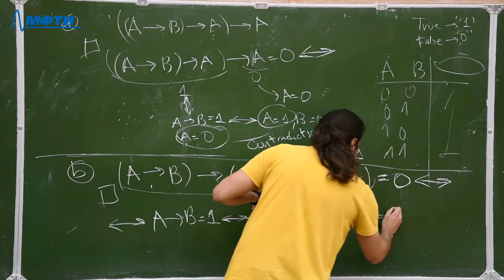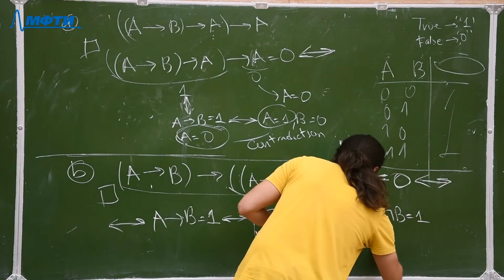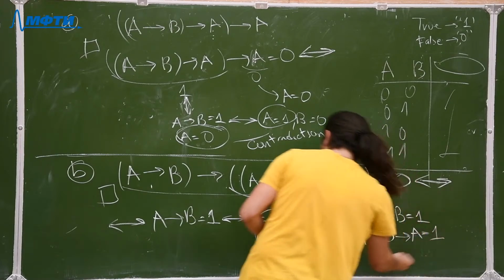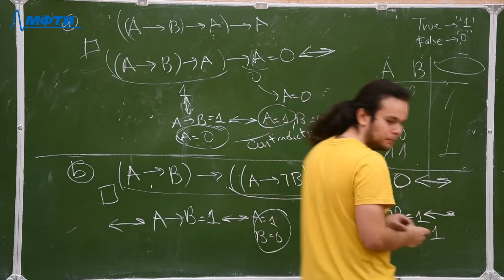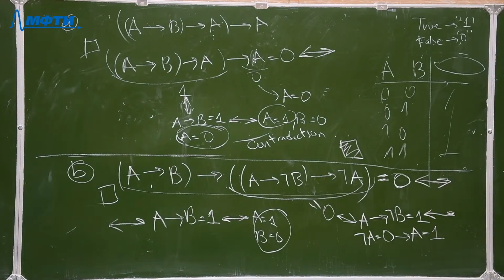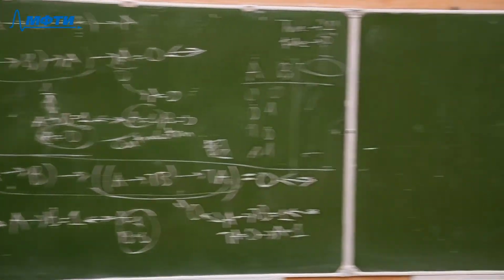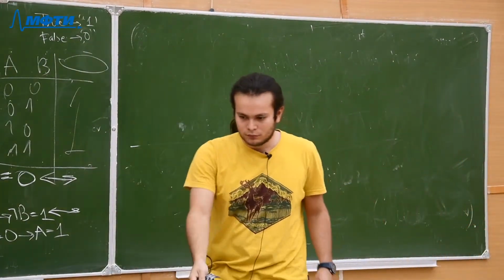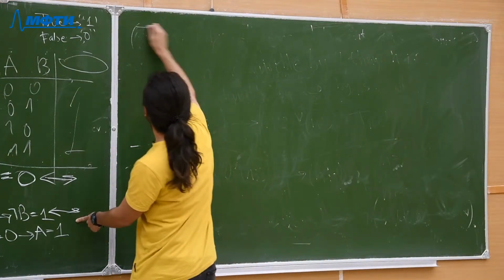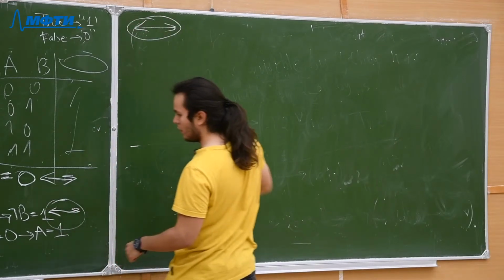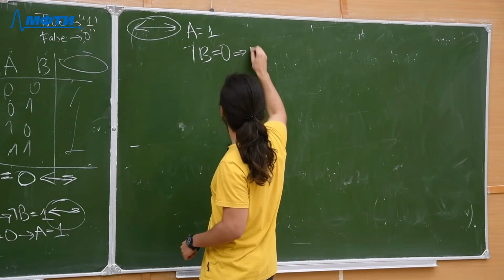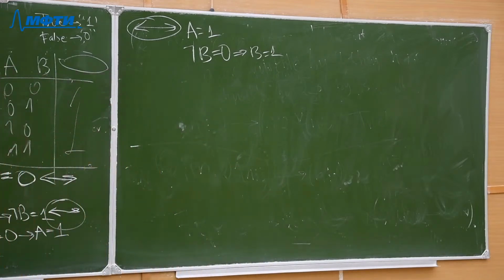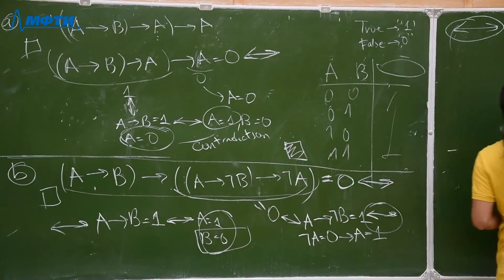So if A implies B is 1 and negation of A is 0, so if A is 1, then this is true if and only if A is 1 and now base 0, so base 1, and so where is the contradiction? Yes. Contradiction. Okay.